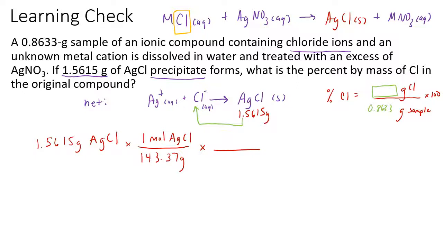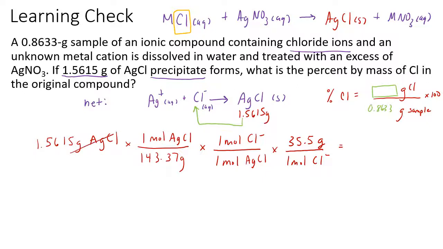Using our balanced net ionic equation, every 1 mole of AgCl that forms, 1 mole of chloride ions reacted. And then we want mass of chloride. So 1 mole of chloride, whether it's chloride ions or neutral chlorine, from the periodic table is 35.5 grams.